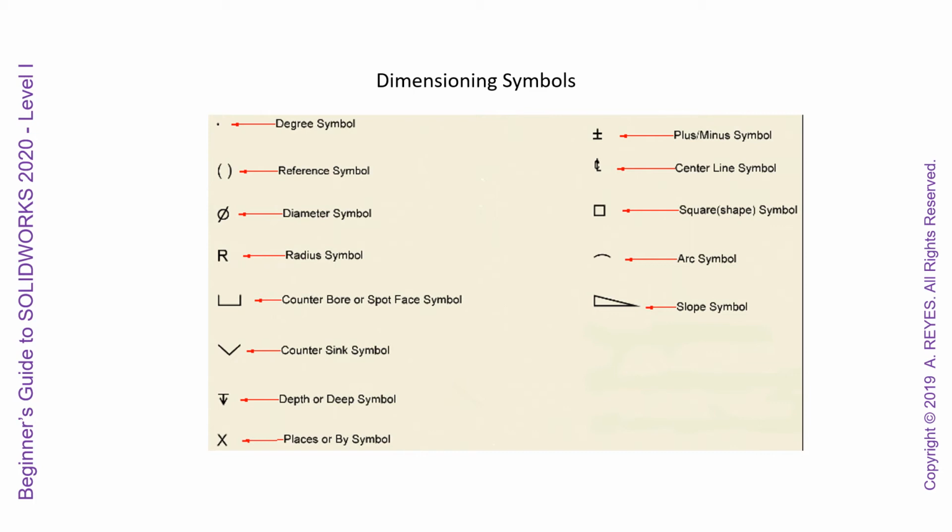So this will usually tell you on your countersink that you're going to go this depth, this width at this depth for a certain length, and then the rest of the screw will go through. Places or 'by' symbol, plus or minus symbol on tolerancing, centerline symbol, square shape symbol, arc symbol, and then a slope, which would usually come up a lot in civil drawings.